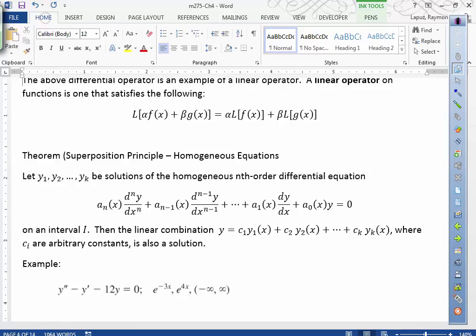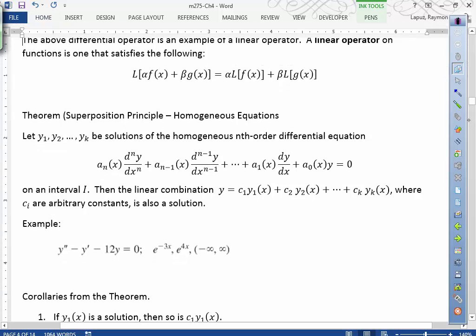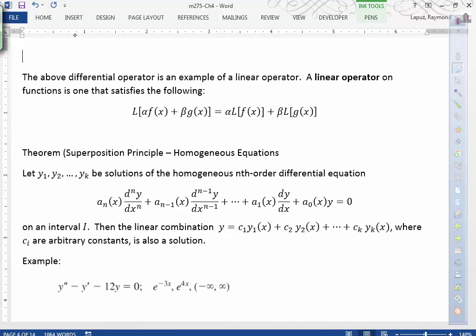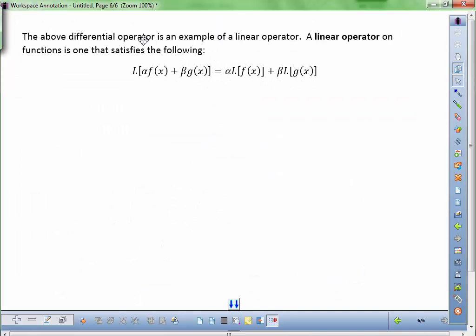So the differential operator is a linear operator. And again, more stuff that may or may not be important for us. I suppose if you're taking linear algebra, you should see kind of the connections here. So the above differential operator is an example of a linear operator.